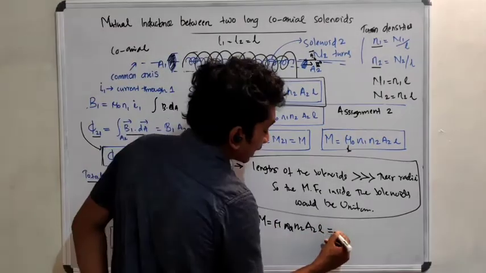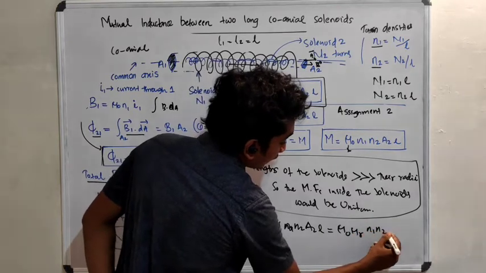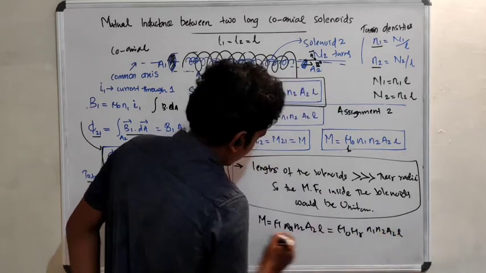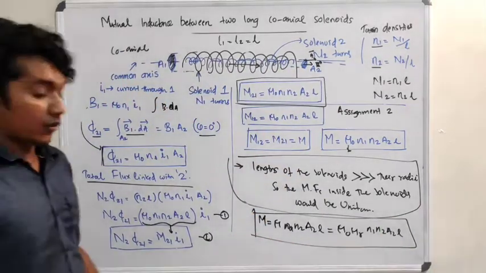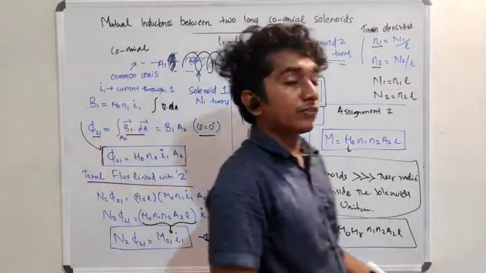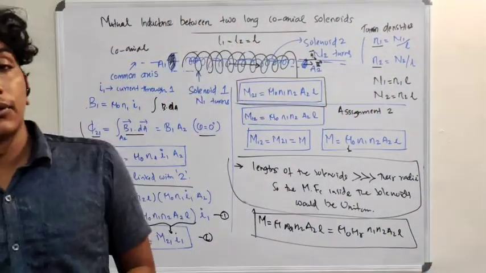You can also write it as mu 0 mu r n1 n2 A2 L. This is the equation of mutual inductance of a long solenoid. Keep this in your mind.